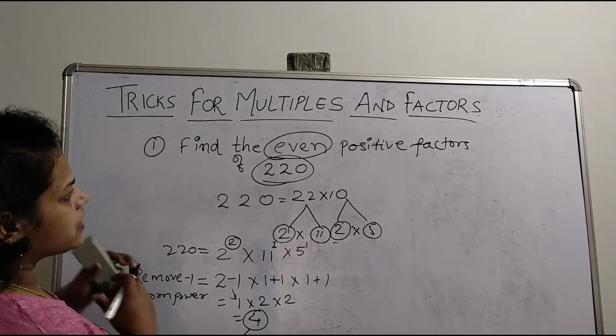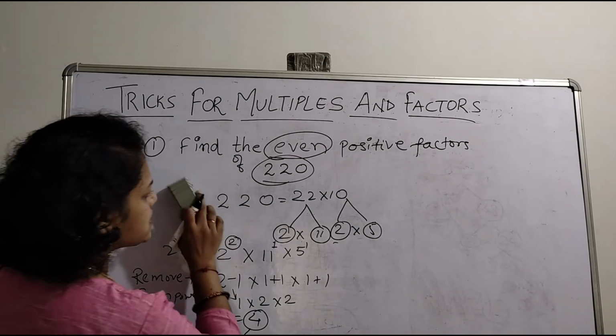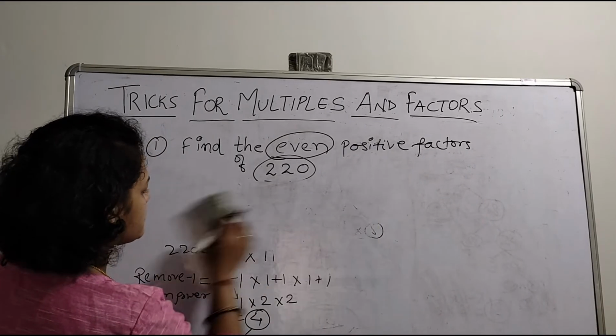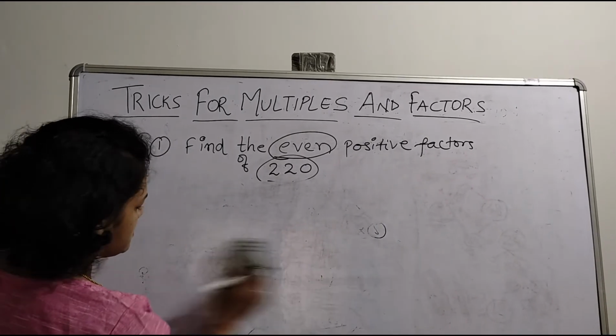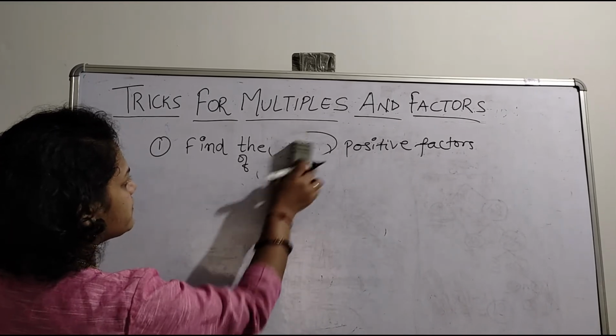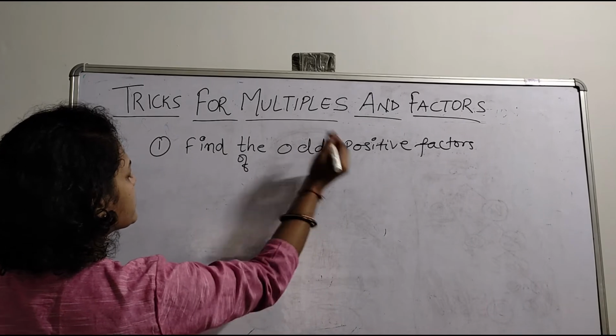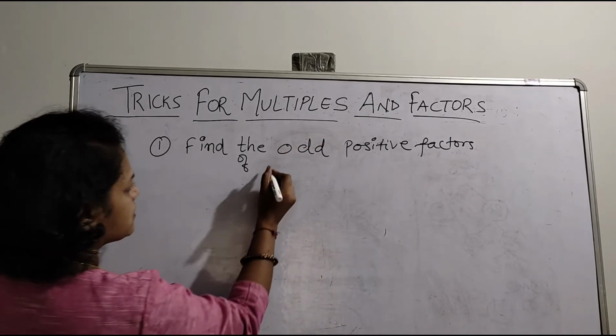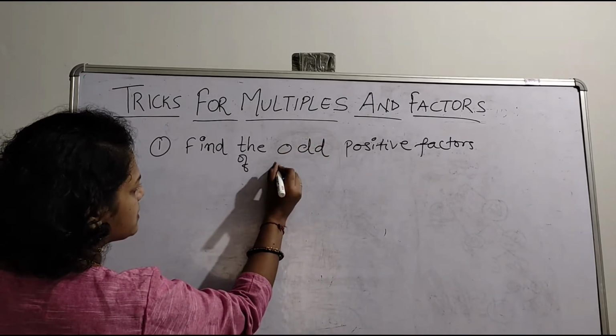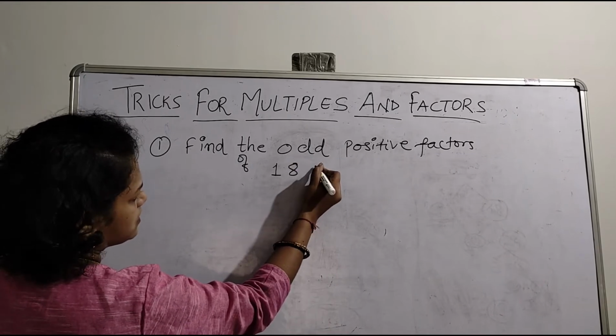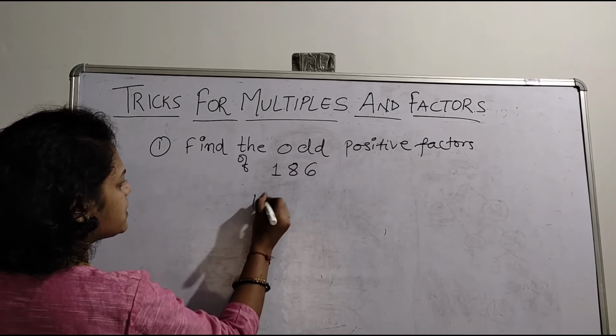Okay, and now we will see for odd. Let us take odd factors, how you can do it. Say suppose an example I will take, odd positive factors. Say suppose what example I can take, 186. Okay, 186.